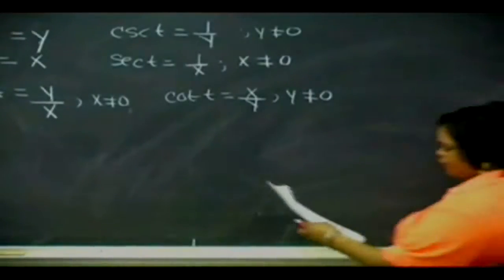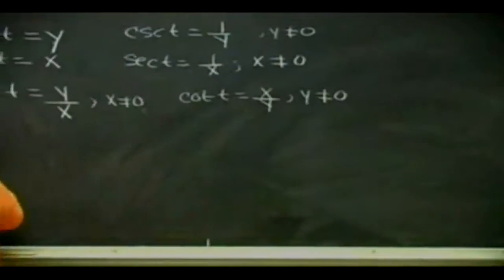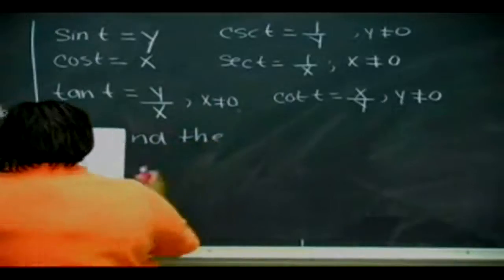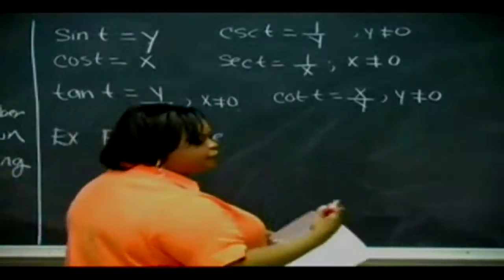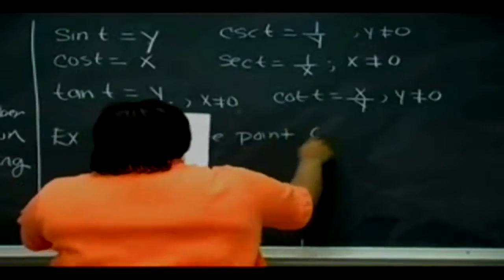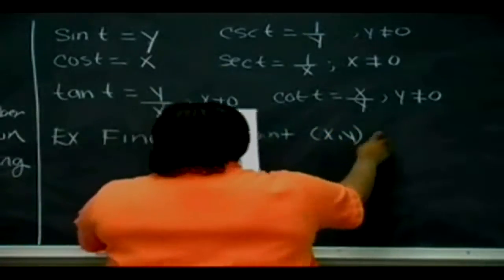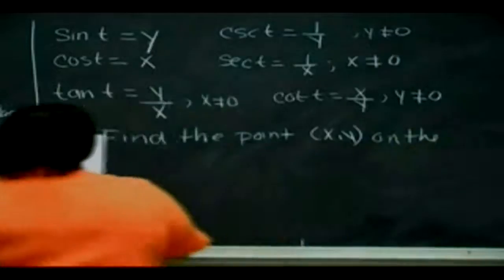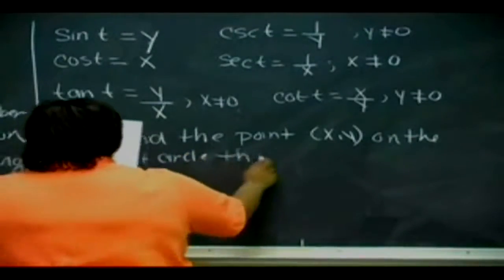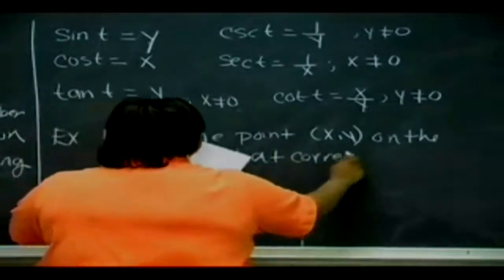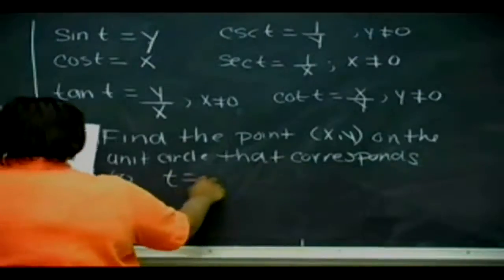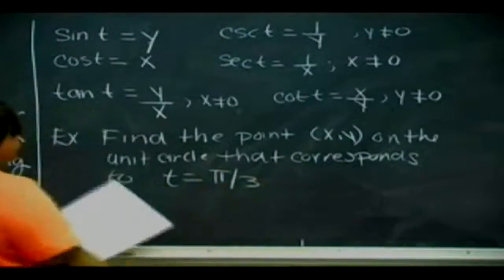Let's look at an example. Let's find the point, and here we will be referring to that unit circle, so keep that handy. Find the point X, Y on the unit circle that corresponds to T equals pi over 3.